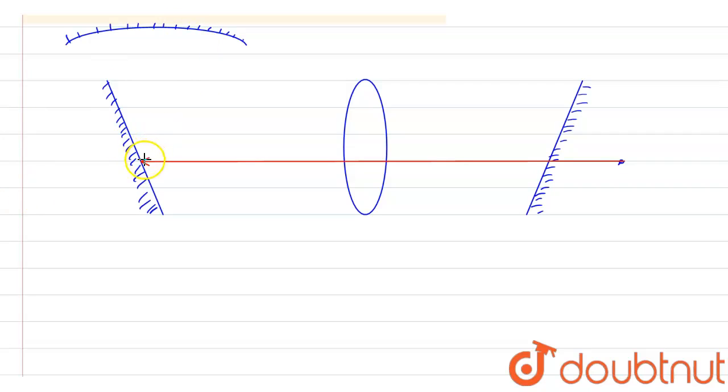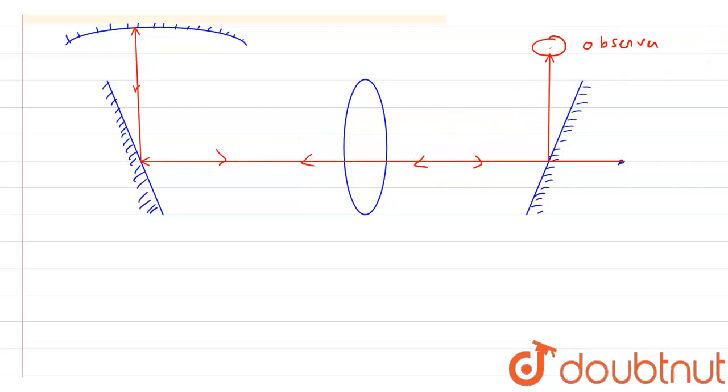So when light falls on this point, the light goes towards this mirror and retraces that path, again reaching this point. This time, because it is partially reflecting and partially refracting, from this point it reaches the observer where we want to observe. So this is how light traces its path.